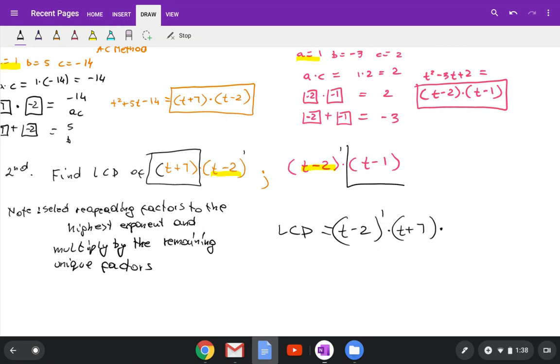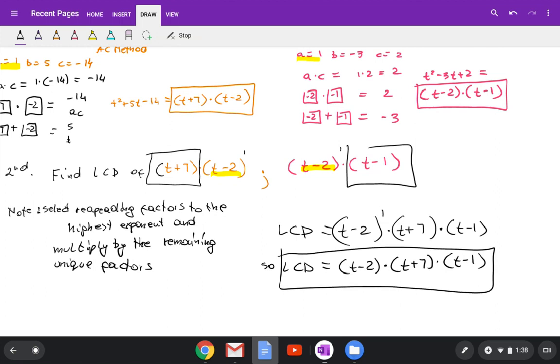So the least common denominator is t minus 2, to the power of 1, which is just t minus 2, times t plus 7 times t minus 1. Okay, so that's our answer.